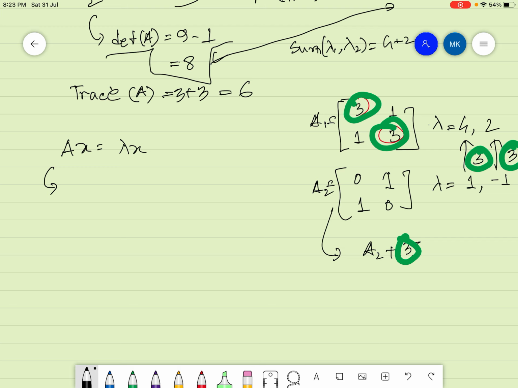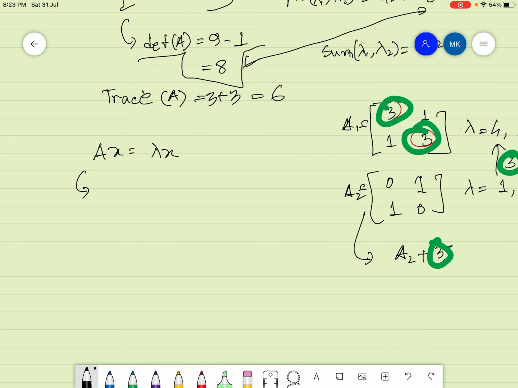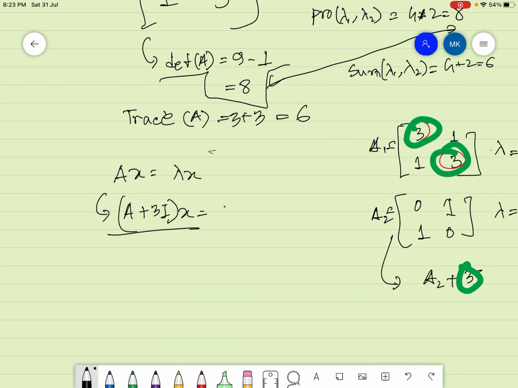So the thing that is happening right here is that A plus 3I times x can be simplified as Ax plus 3Ix.